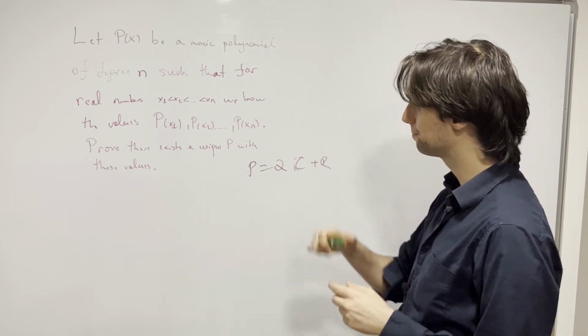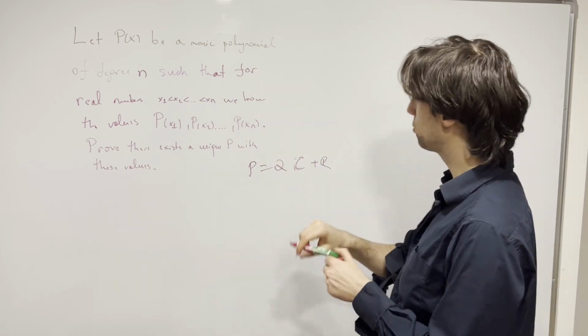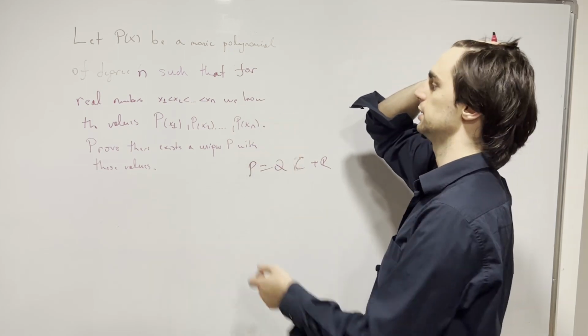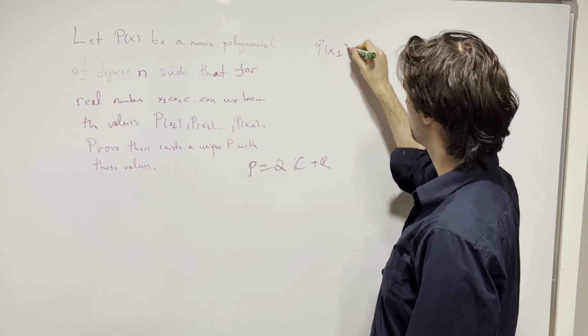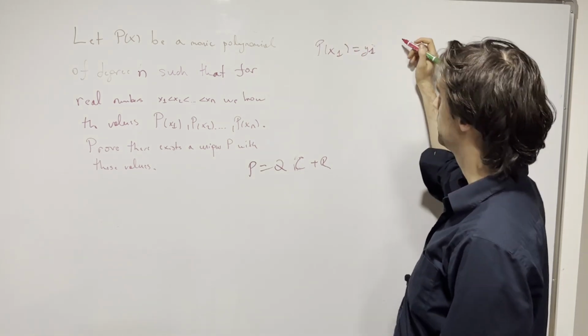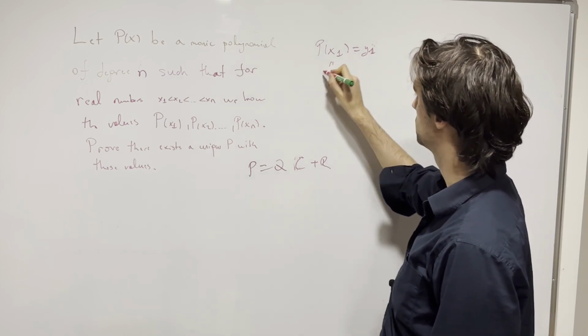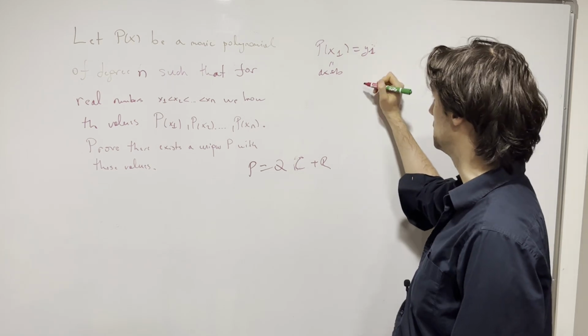So here, how could we use induction? This thing is true if the degree of p is 1, and we only have p of x1 equal to y1. Then we have ax plus b, and this uniquely defines it.